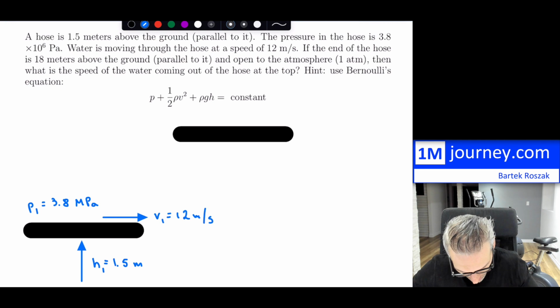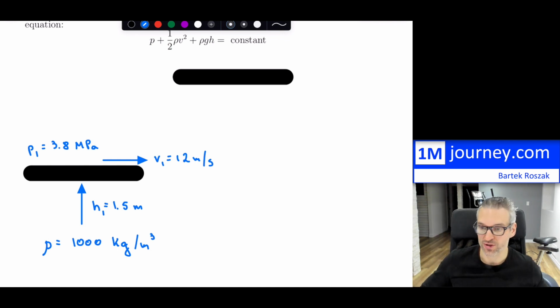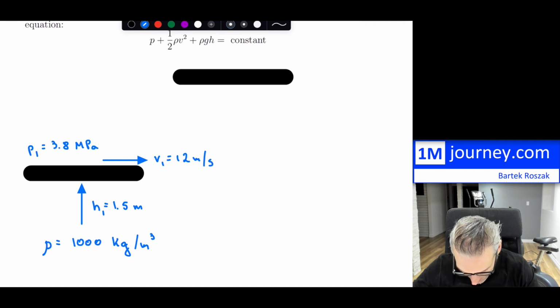Now, if it's water, we should know the density of water is 1,000 kilograms per meter cubed, whenever it is not given, and that's what you should assume, or 1 gram per centimeter cubed. So we have our density.